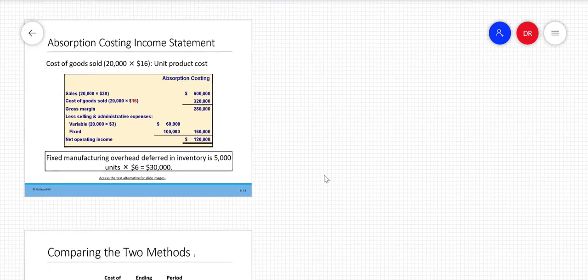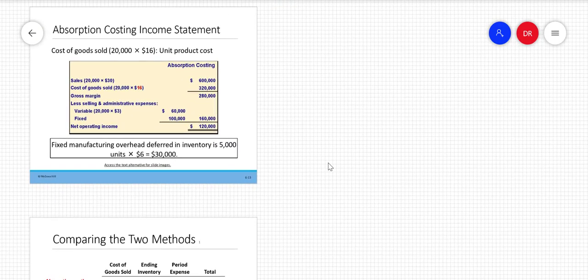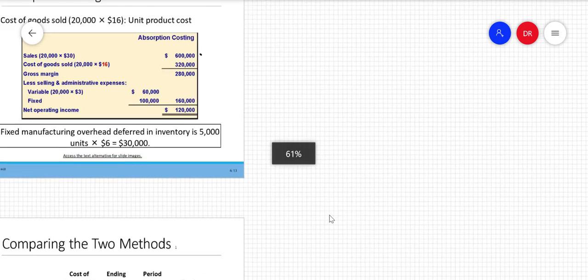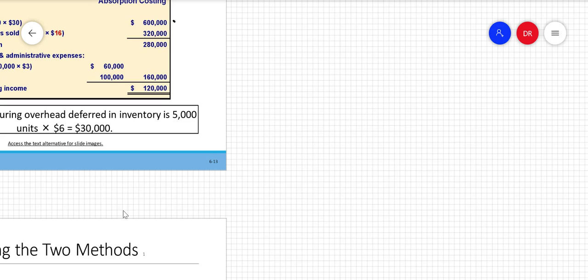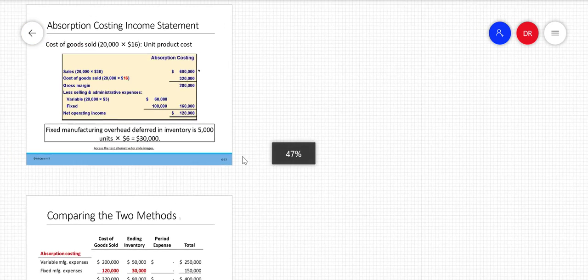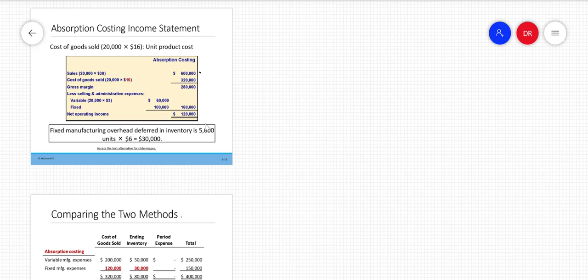Okay. Now let's do the same thing, only using absorption costing. With absorption costing, we have the same sales number. We have cost of goods sold, which is going to be the $16 per unit we figured for absorption costing, times 20,000 units.